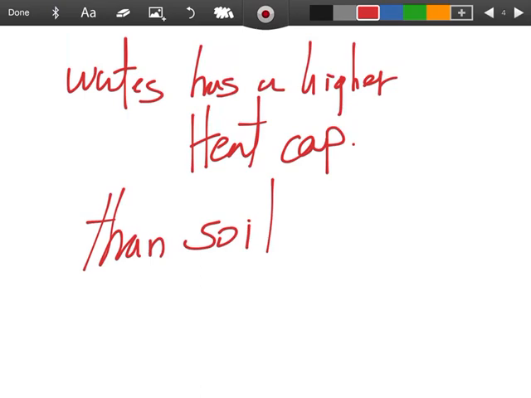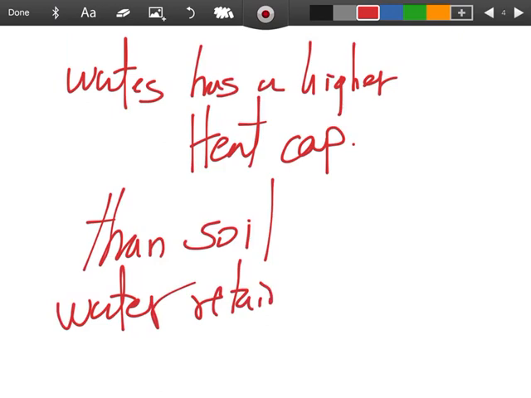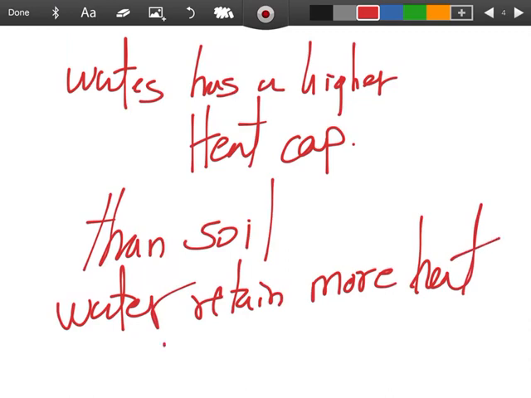Meaning that water, and this is just a way in which we can interpret things, can retain more heat, more energy in the way of heat than the soil. Okay?